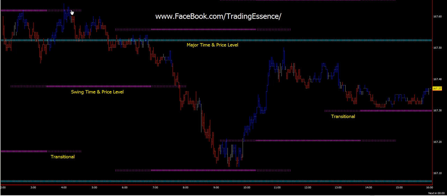This can be applied to any market. Obviously, there's no market that time's not going to work on, period, because it's the deciding factor in everything. So you've got the major time and price levels, the swing time and price levels, and the transitional points. As you can see on the Bund here, and this was just yesterday, I believe.